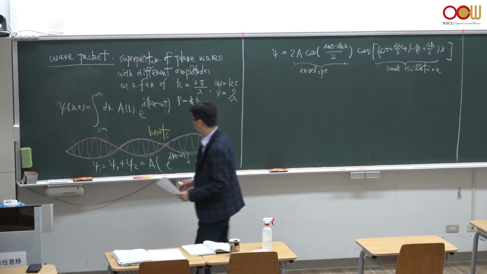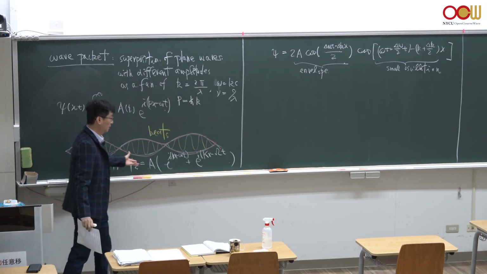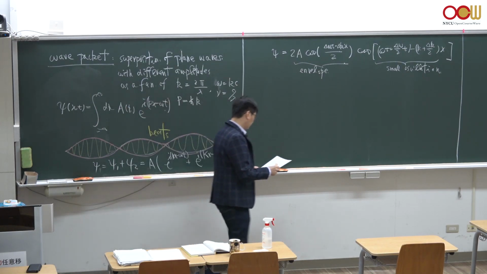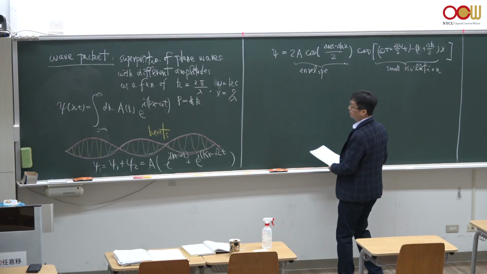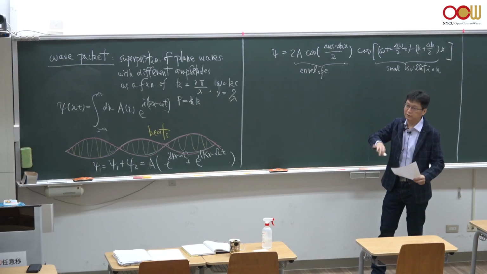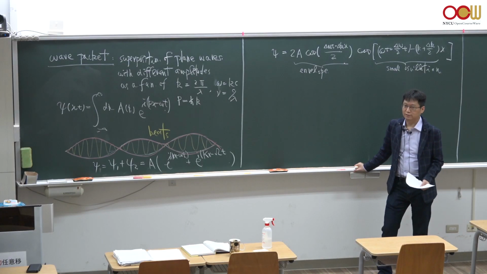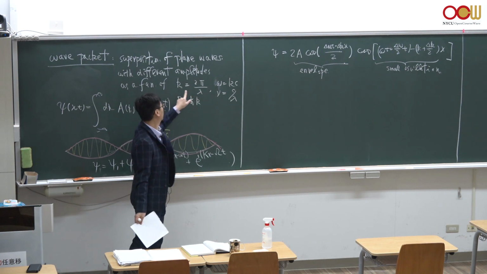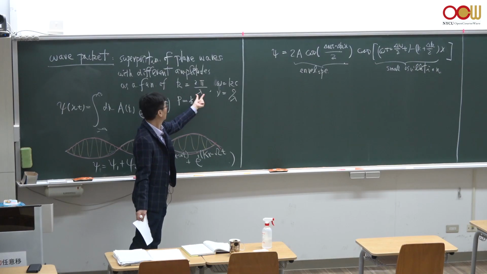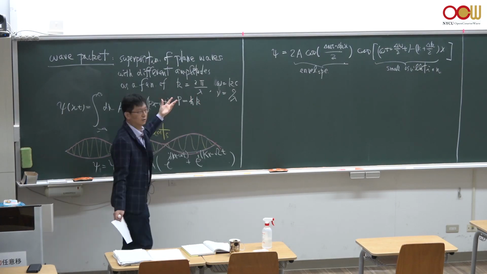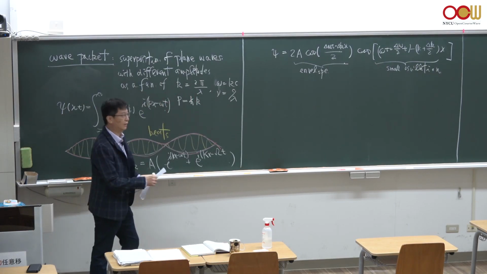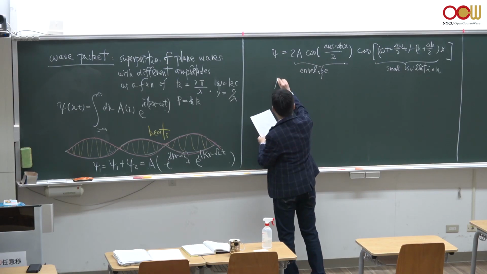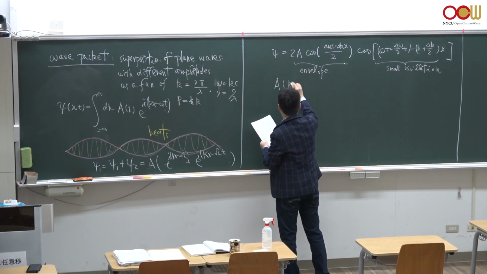This is the simplest example of the wave packet that you can form by linear superposition of two plane waves. But you can imagine that I can have many different plane waves that carry different amplitudes, and each plane wave can be described by omega and k, the characteristic wavelength and frequency associated with that wave, and this amplitude in general is a function of k.